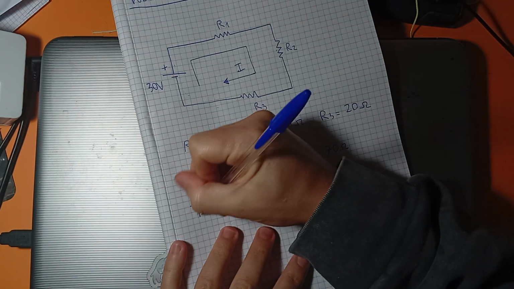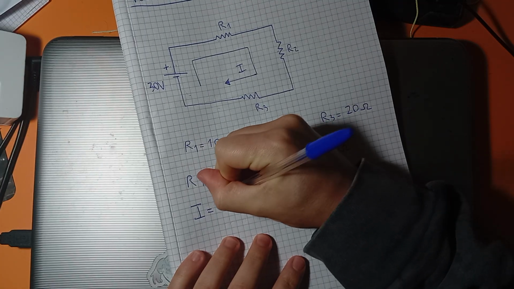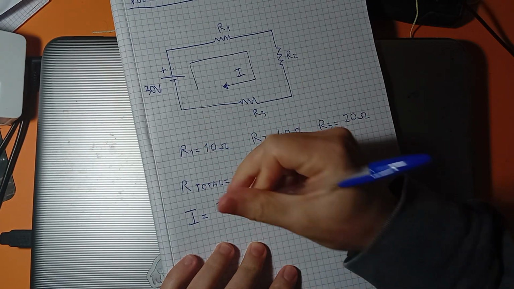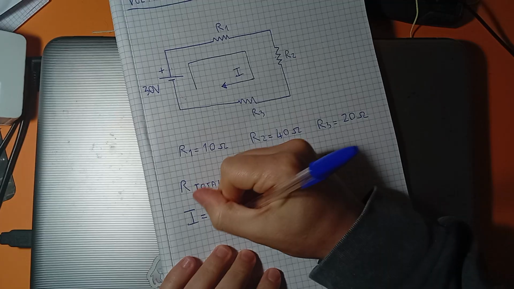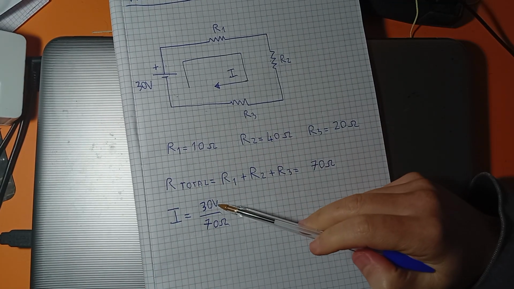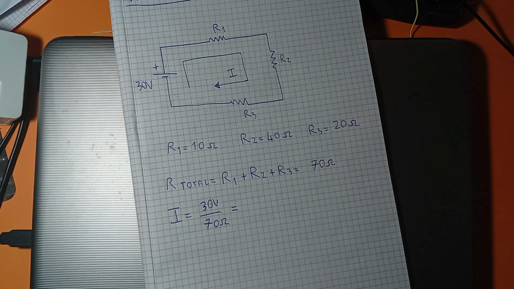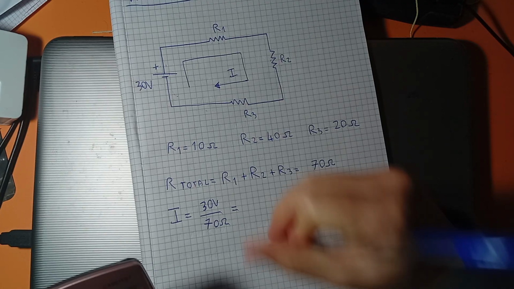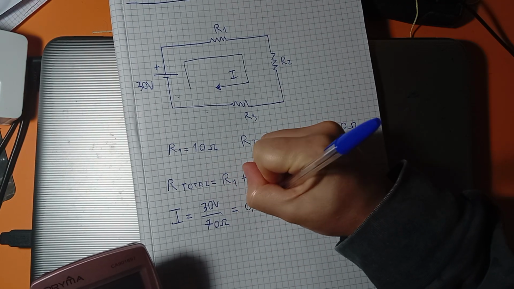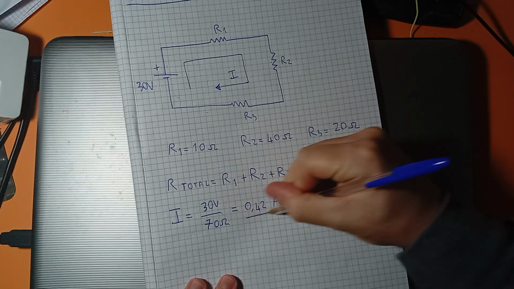The current is 30 volt, the voltage of the generator, divided by the total resistance. And the result is 0.42 ampere. Okay, this is the current.